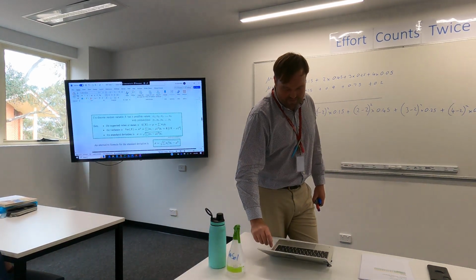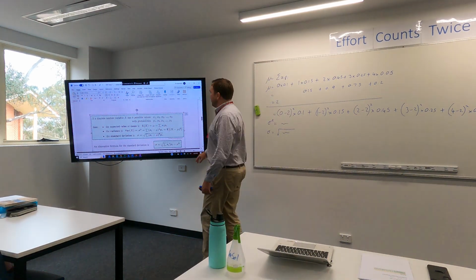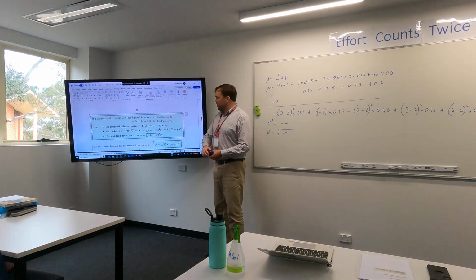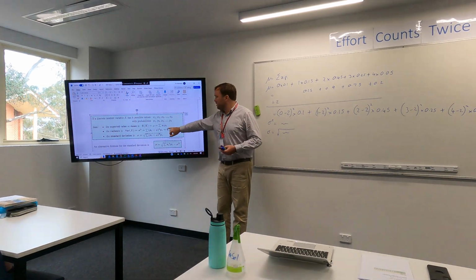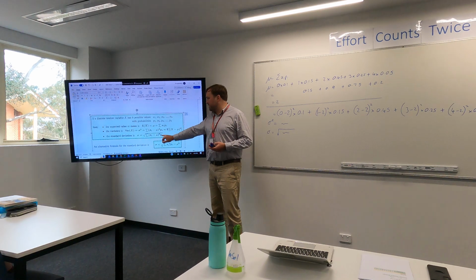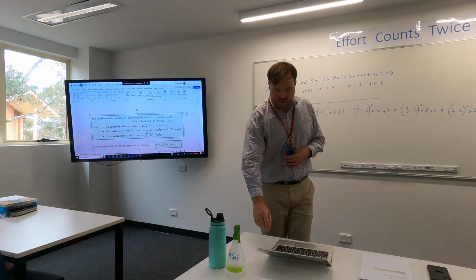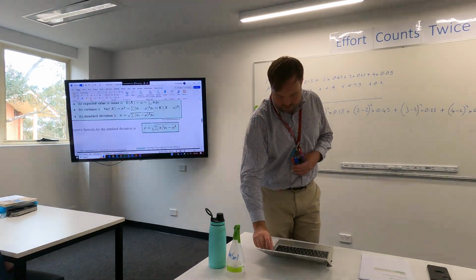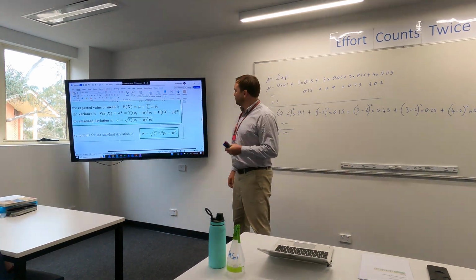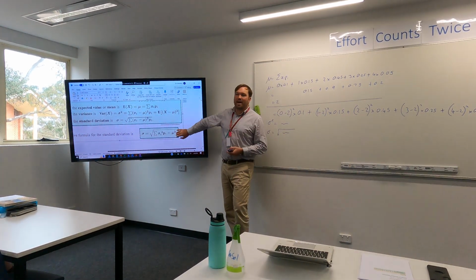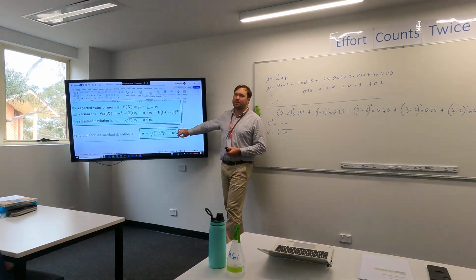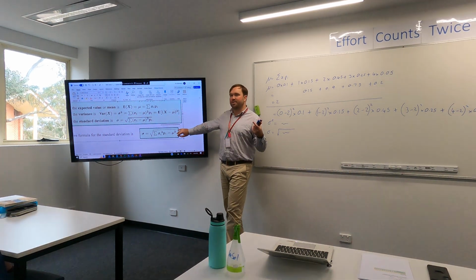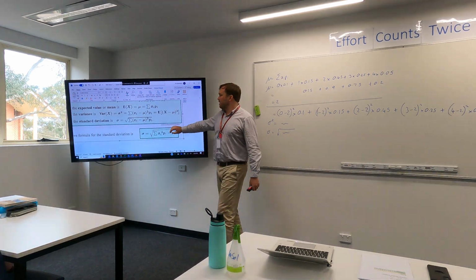So the next page has a set of formulas, and this will be the sort of thing you put on your cheat sheet. Mean, standard deviation, variance, standard deviation. Notice there is an alternative formula that also works for standard deviation. I'm not sure where this would be better. The only time I can see it being better is if they tell you the standard deviation and ask you to solve for the mean.